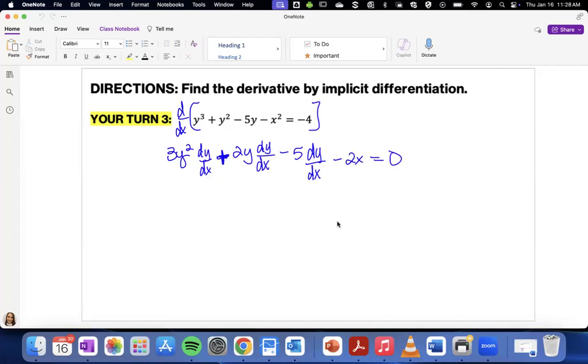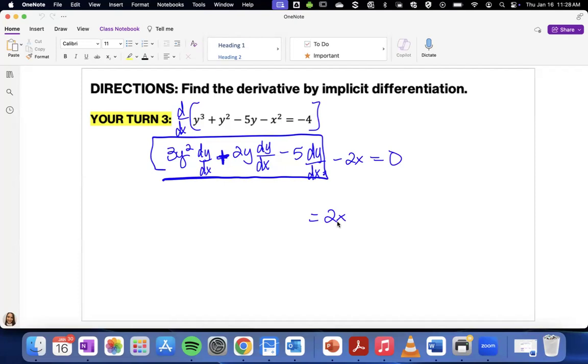How'd your first step go? Good? Okay. Now what did you do next? Yep, add the other one over. So we're going to add 2x and then group everything else. Tell me if this is too much in one step. I'm going to add the 2x over, and you understand I have to get all three of these and take out a GCF of dy over dx. Do you guys want to just do that in one step?